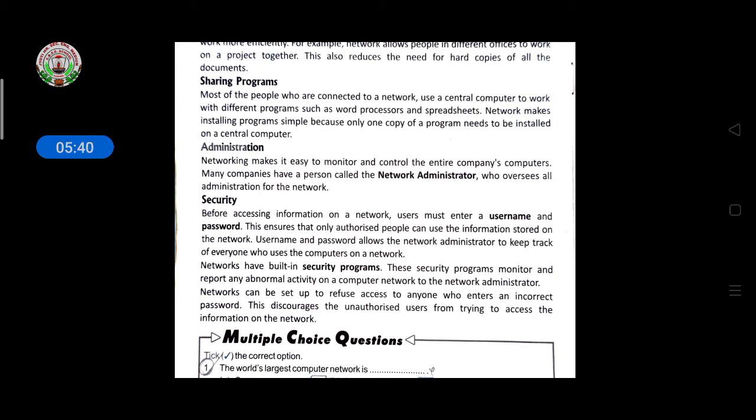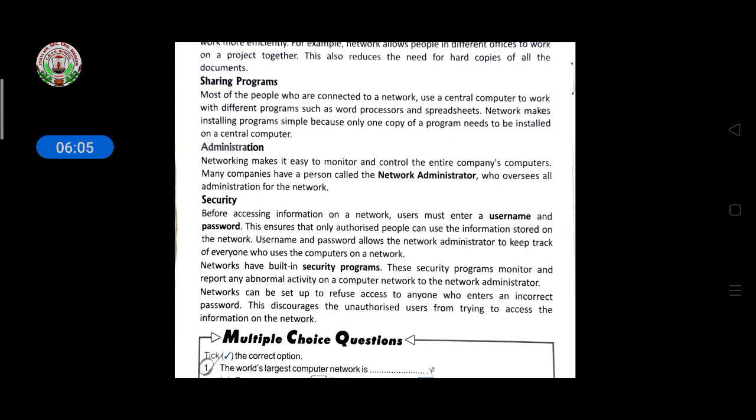That person is seeing all the administration part of the network, and he or she will be doing the work. If any troubleshooting is there, they will clear all the errors or the bugs, and then give the connectivity to each other.